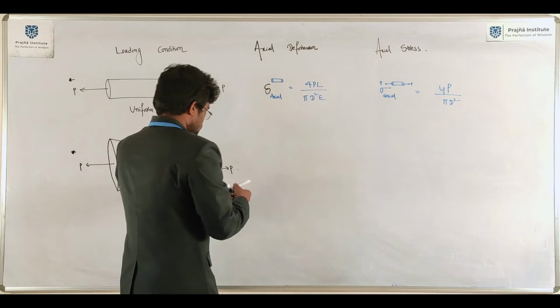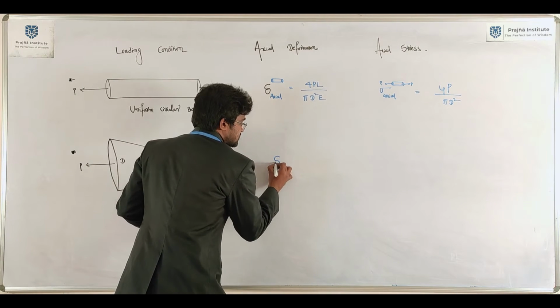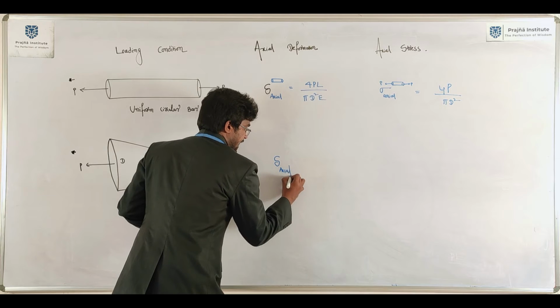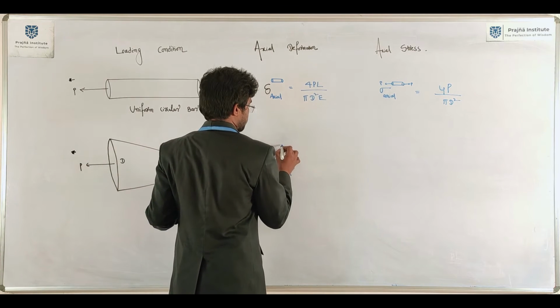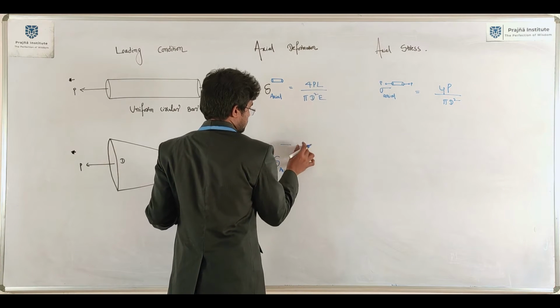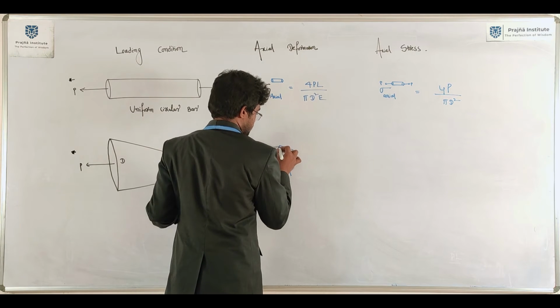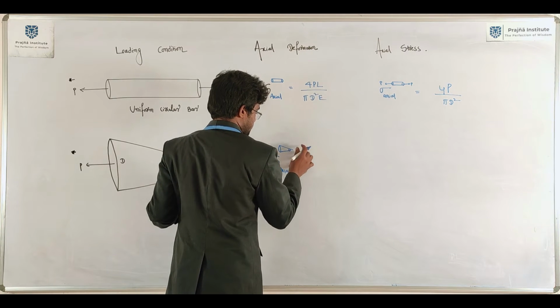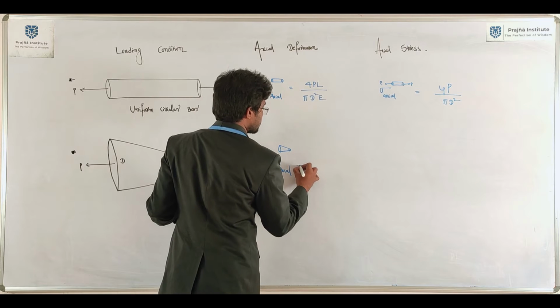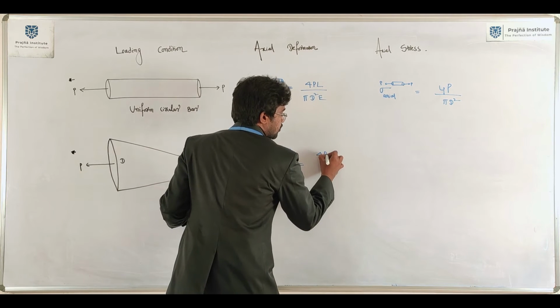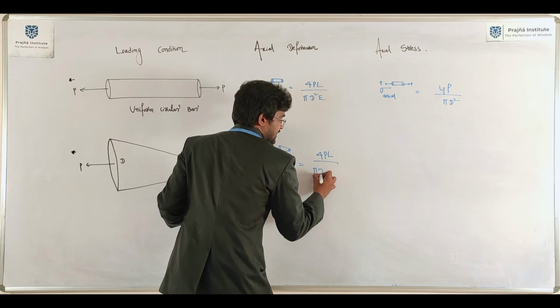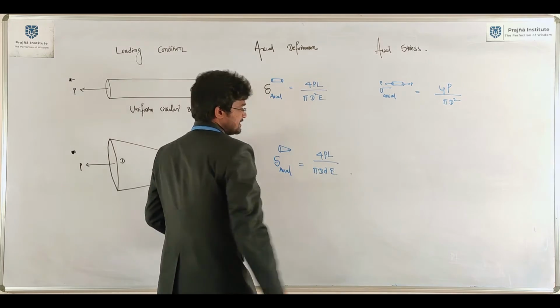Now the axial deformation in the tapered bar is nothing but 4PL by pi capital D small d into E.